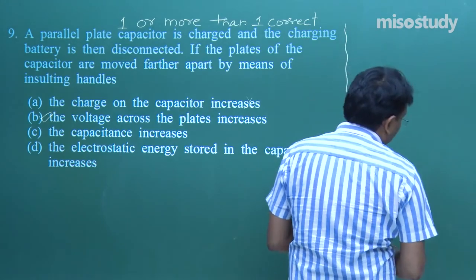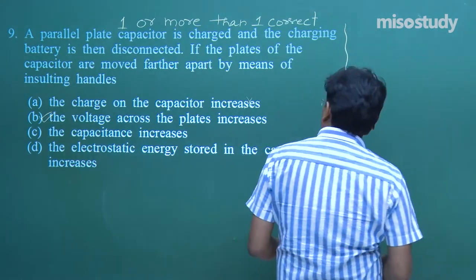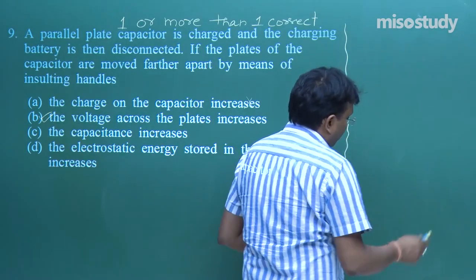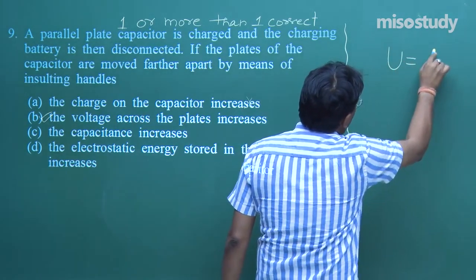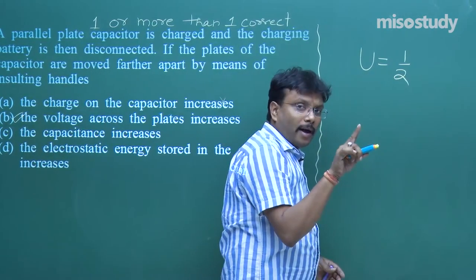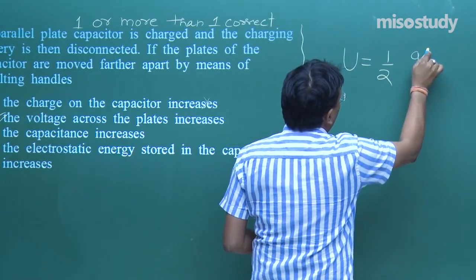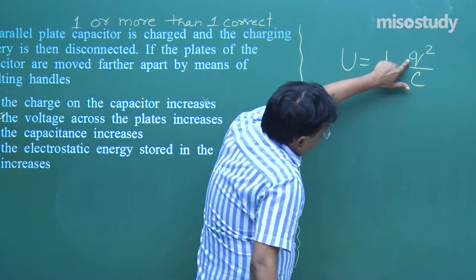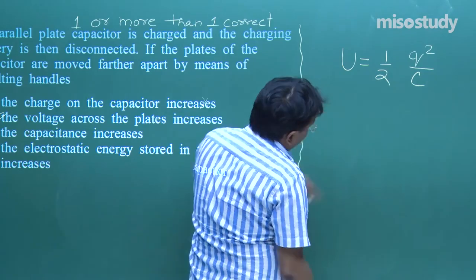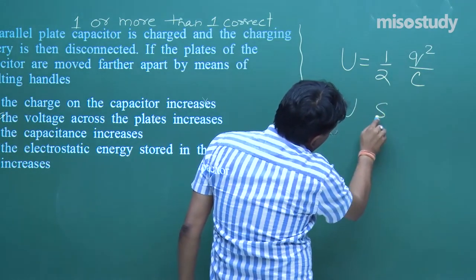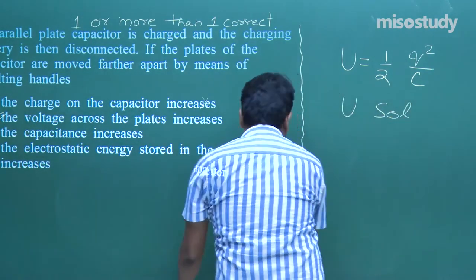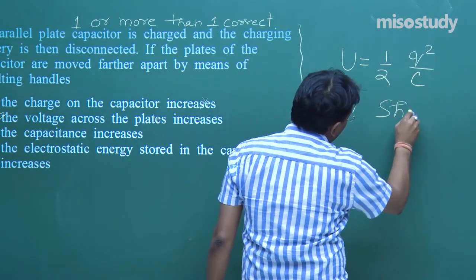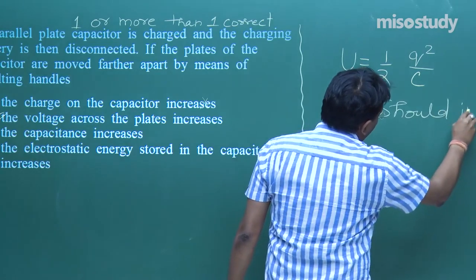U is equal to half CV square, or U is equal to half Q square upon C. As Q is constant, C is decreasing, so U should increase.